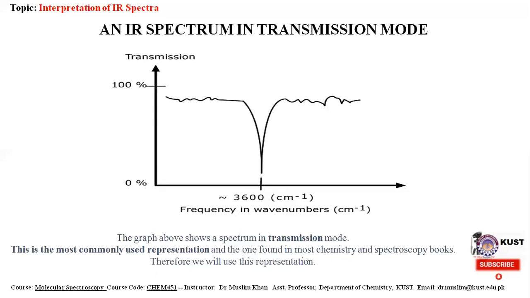It means that somewhere it is absorbed. So this graph shows a spectrum in transmission mode. This is the most commonly used representation, found in most chemistry and spectroscopy books. Therefore, we will use this representation of IR spectrum in this presentation.